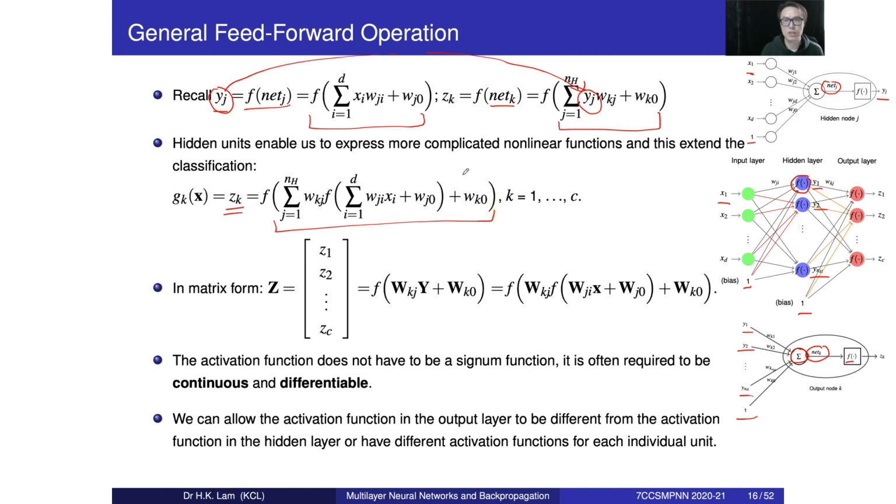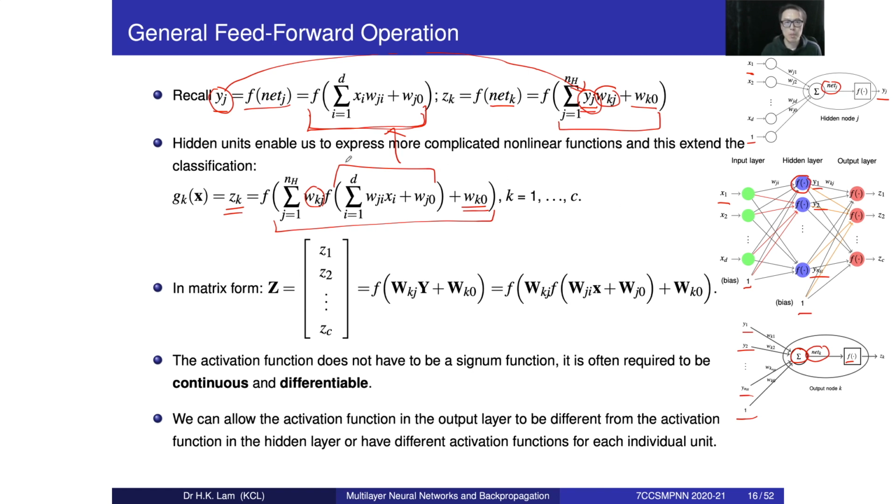You can see that wkj is right here. What I did was just substitute yj by this expression, and then include the wk0 right here. So that is the input-output equation for this neural network.